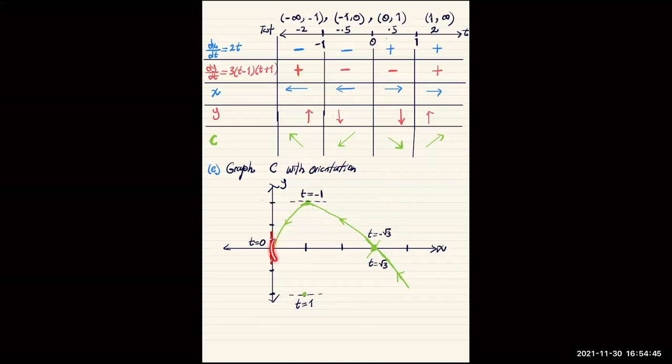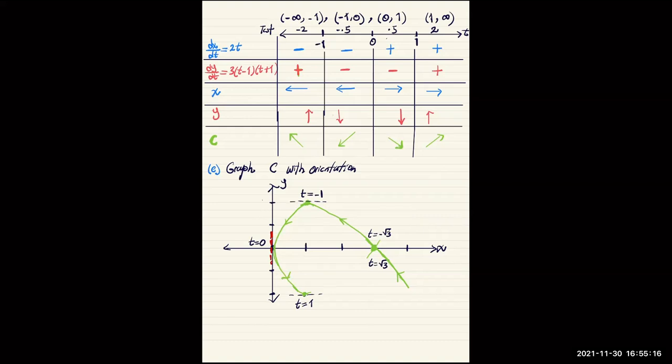There is no other way to graph a curve. And then at t of 0, orientation changes to this direction. So we turn and go that direction until you touch t of 1, another horizontal tangency.